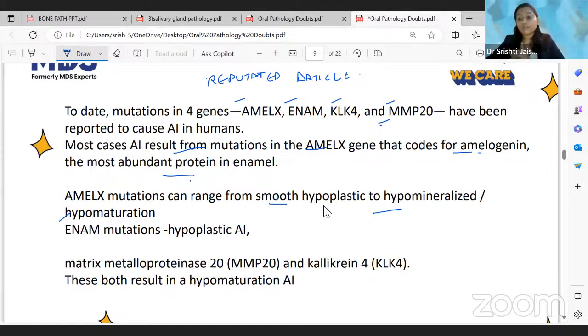So many forms of amelogenesis imperfecta are associated with the AMELX gene. The ENAM gene, particularly, is associated with hypoplastic amelogenesis imperfecta, while MMP20 and kallikrein 4 both result in the hypomaturation type of amelogenesis imperfecta.